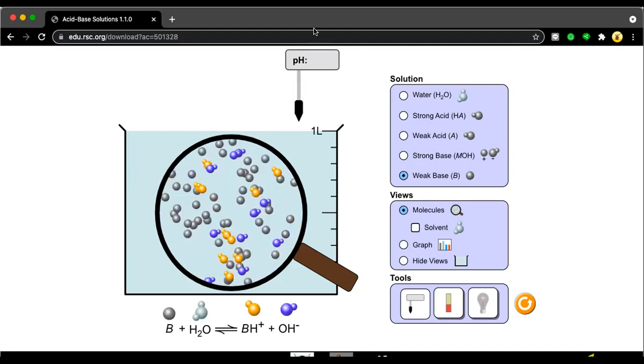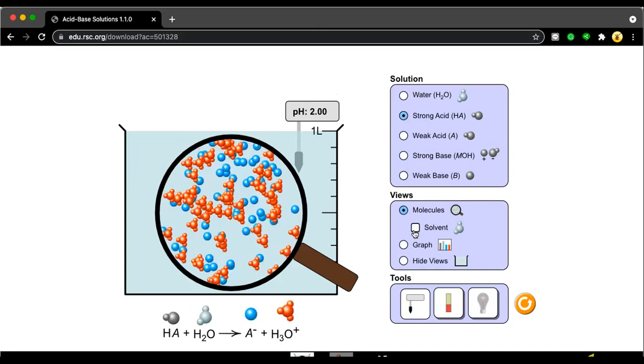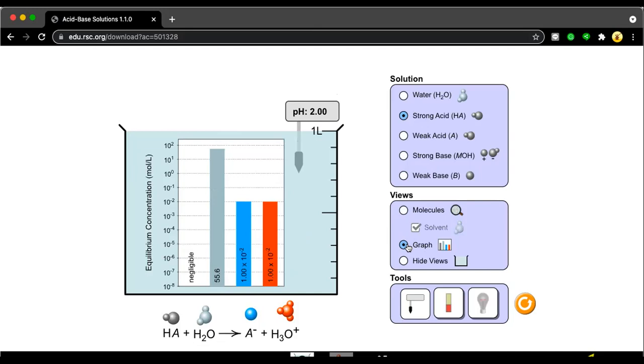Okay, now, if I move on to strong acid, if you want the student to see solvent, which is water, it can be shown there. Okay, the view can be changed to graph to compare the concentration of the ions and water.